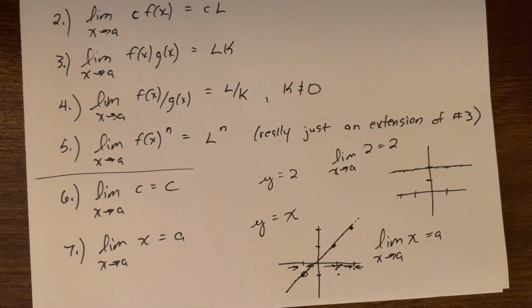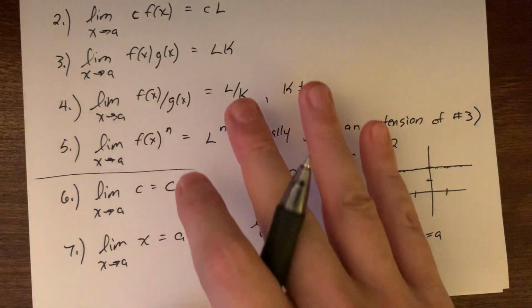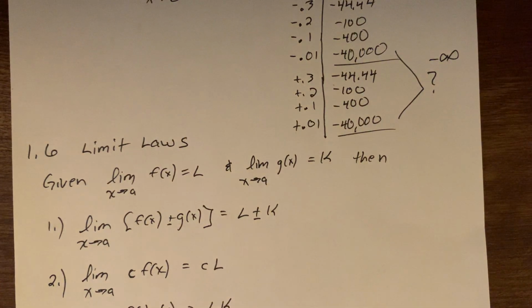And now we can go back and we can take a look at a limit problem we've already done. So we'll keep reminding you of these limit rules, but now let's get a fresh sheet of paper and let's revisit a problem we've already done.